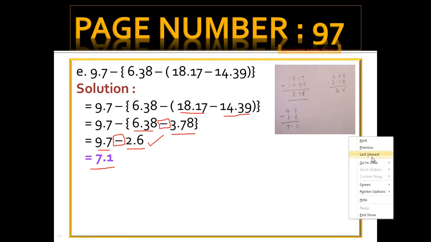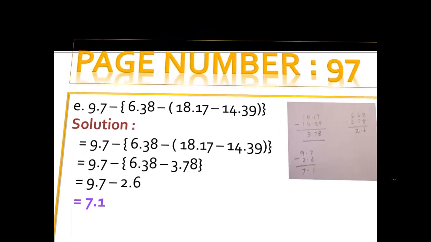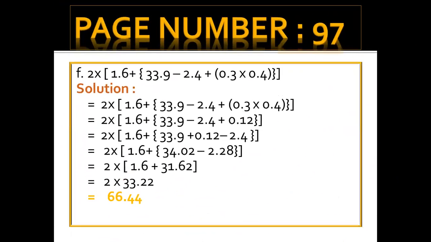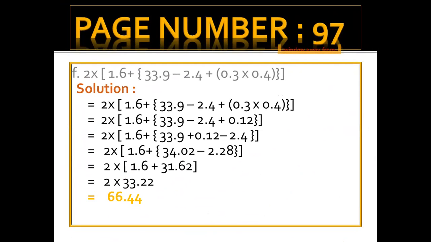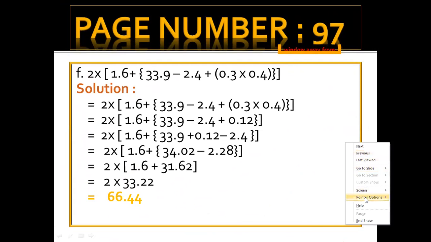The last part of this question is part F. And again, three brackets are there. 2 multiply square bracket 1.6 plus curly bracket 33.9 minus 2.4 plus round bracket 0.3 multiply 0.4, all the brackets closed.